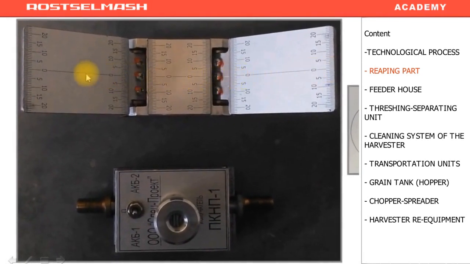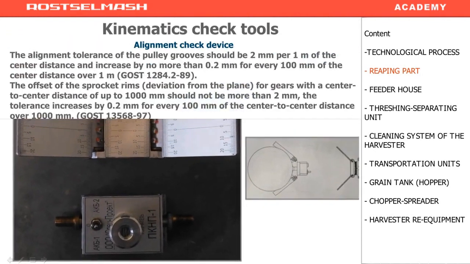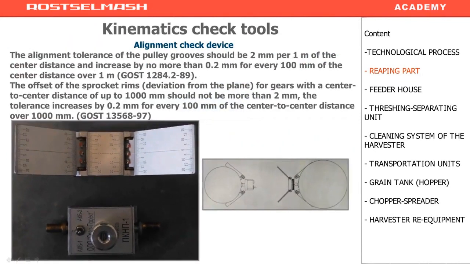The closer the line is to the 0 point, the smaller the disalignment is. The line can be located on the left or on the right of the 0 point. Here we take into consideration the given standard. The maximum disalignment, 2 mm per each meter.